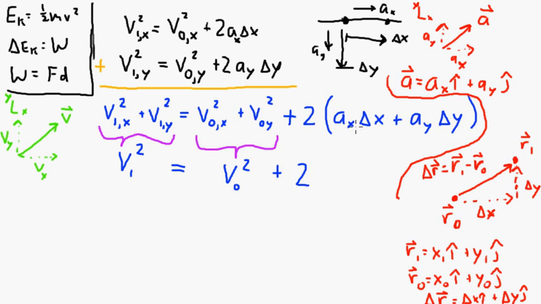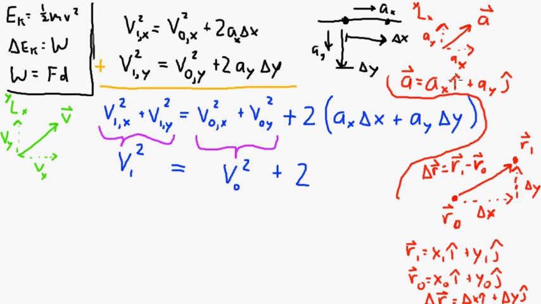So then what does this turn out to be? Well, this acceleration vector was ax i hat plus ay j hat, and the delta r vector was delta x i hat plus delta y j hat. And when you think about it a little, this is just the dot product of this a vector with this delta r vector, right?